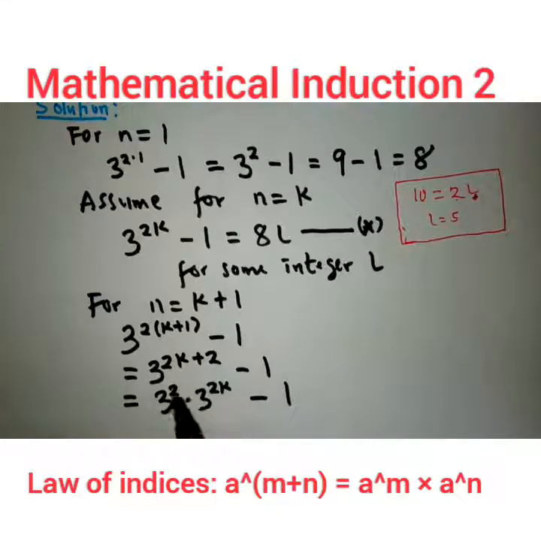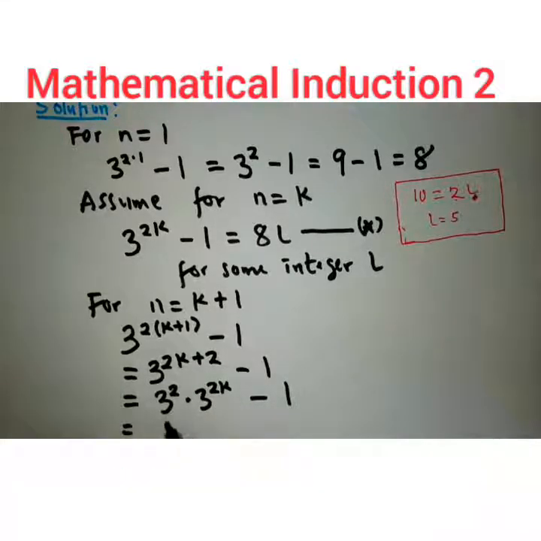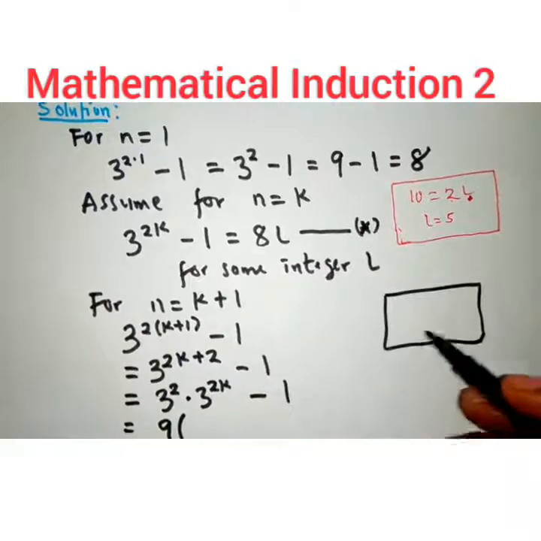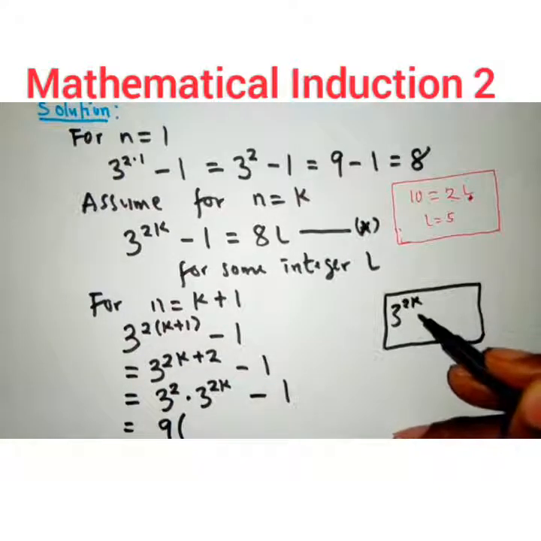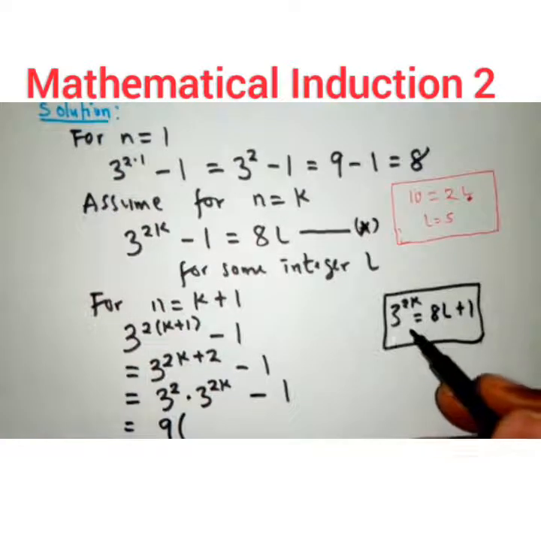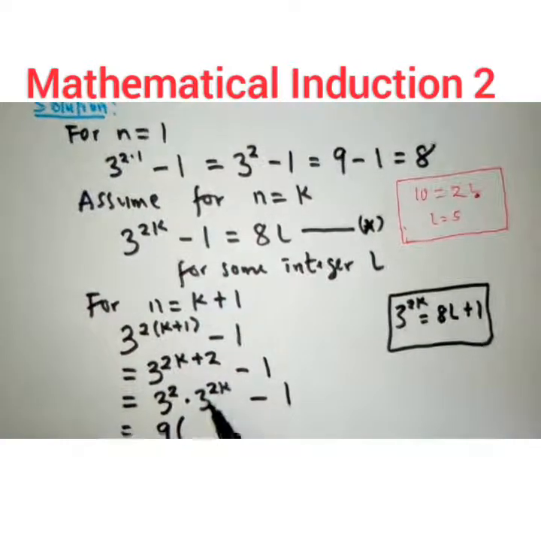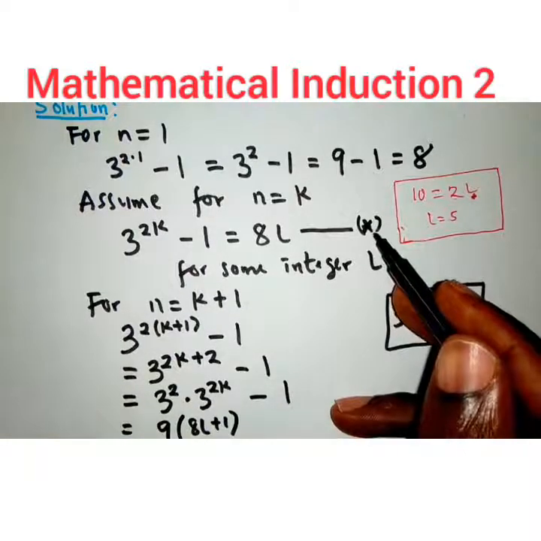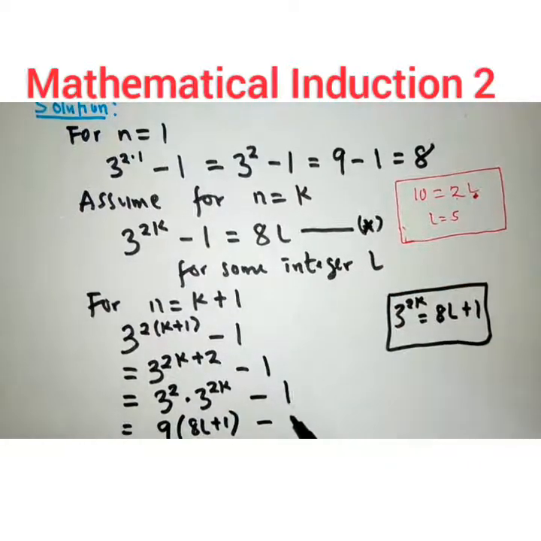This is by the law of indices, and 3 squared is 9. Now, from equation star, 3 raised to power 2k equals 8l plus 1. So we can substitute that.